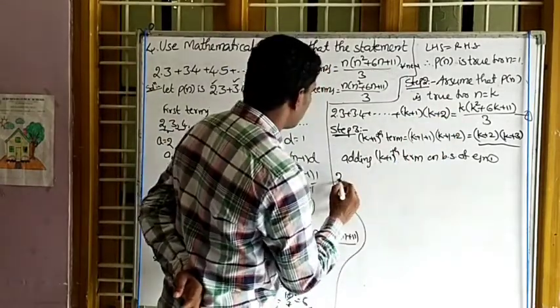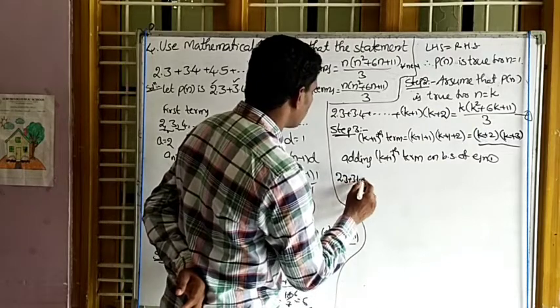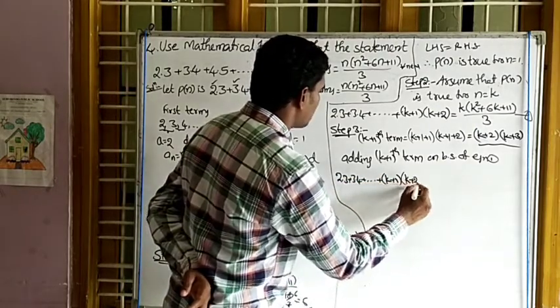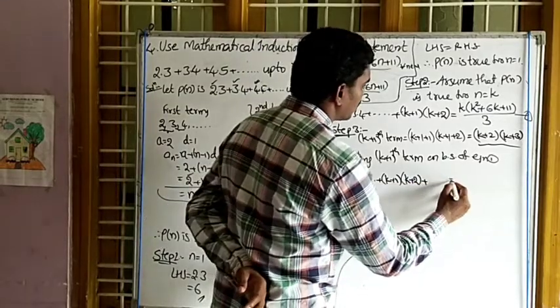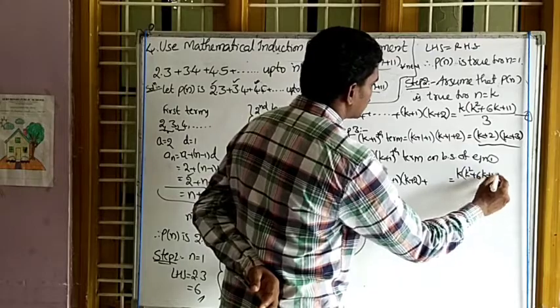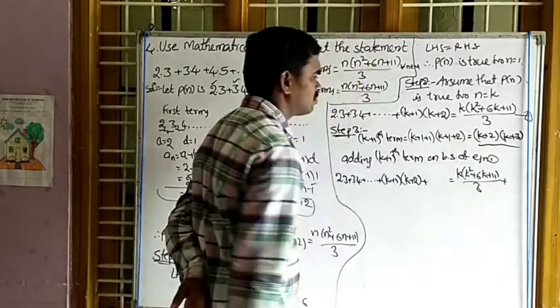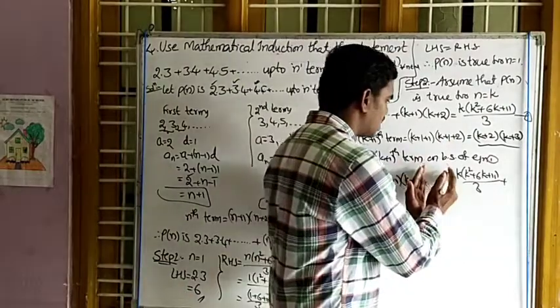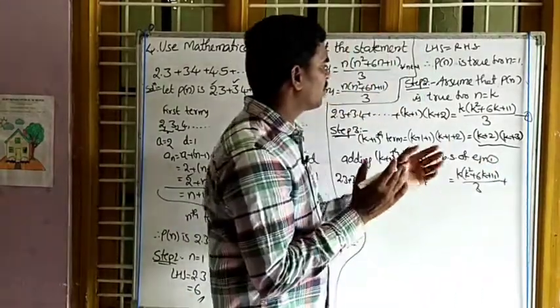What is equation 1? 2 into 3 plus 3 into 4 plus so on plus (k plus 1) into (k plus 2) is equal to k into (k square plus 6k plus 11) by 3. So this is equation 1 as it is written here. For this equation, on the left hand side and right hand side, what we have to add?